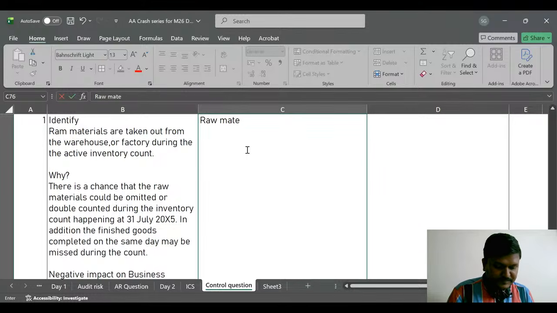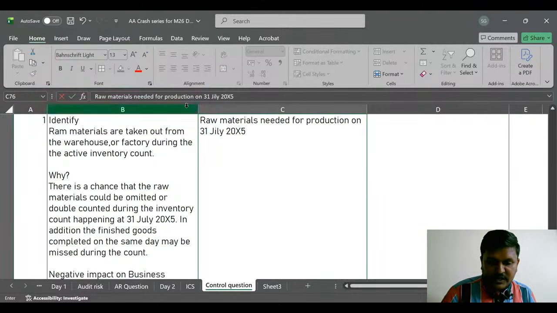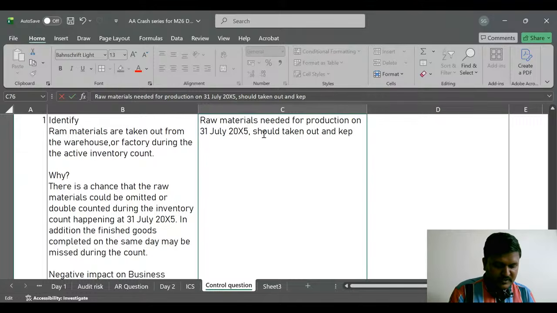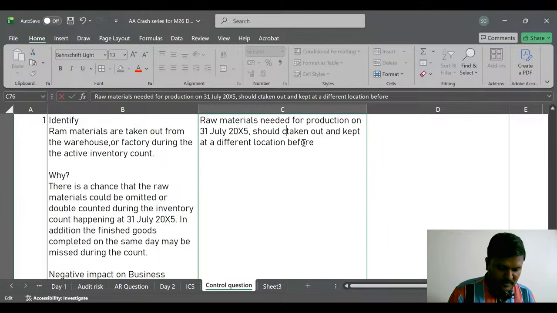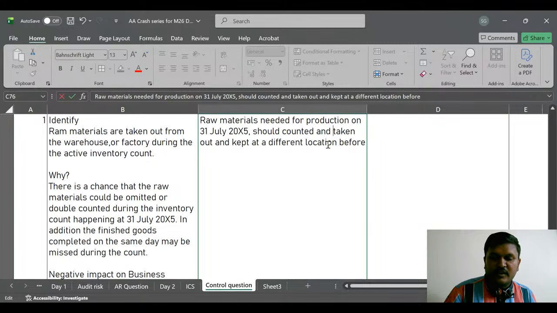The raw materials needed for production on 31st July 20x5 should be counted and taken out and kept at a different location in the factory or warehouse. They are mentioning the factory now.